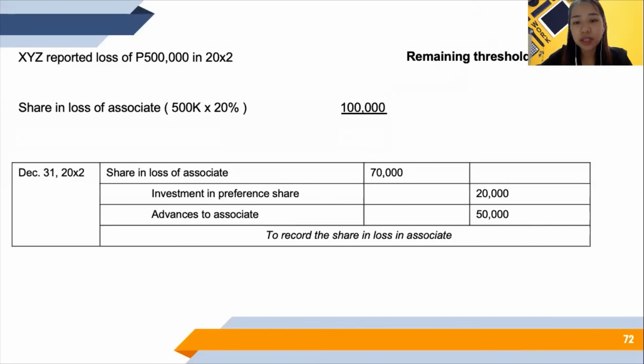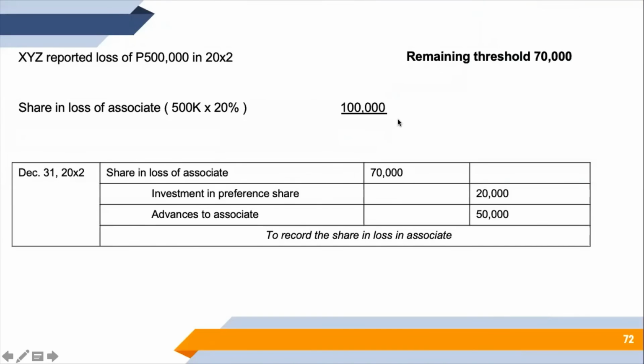And since yung 100,000 is nag-exceed na sa 70,000 na threshold natin, thus only the 70,000 will be recognized as share in loss of the associate in 20X2. So yung excess na 30,000 is disclosed as the loss not recognized.